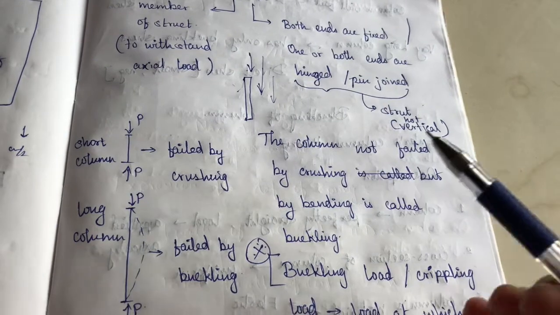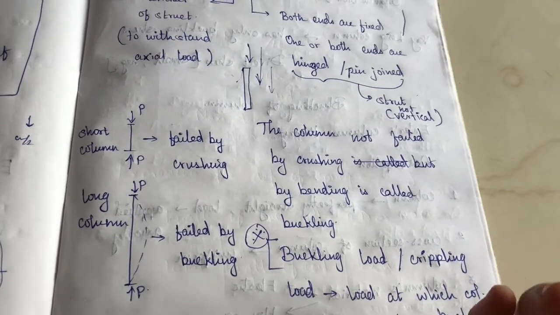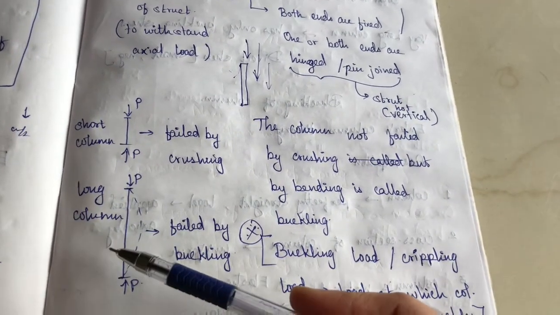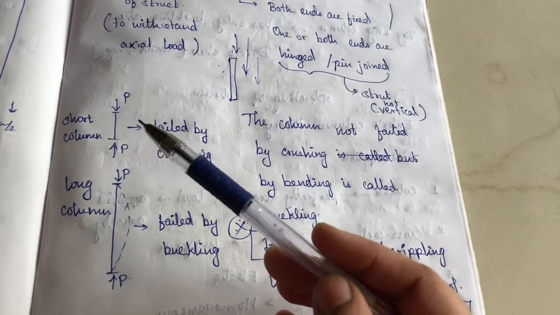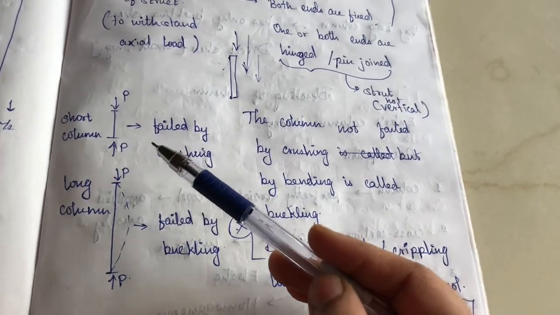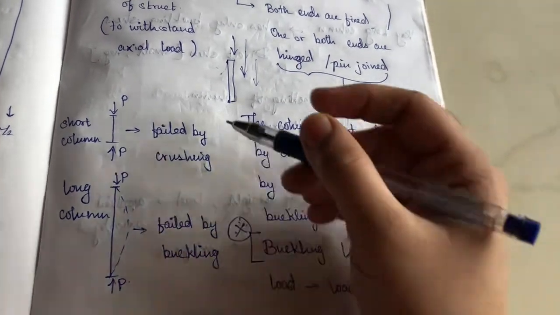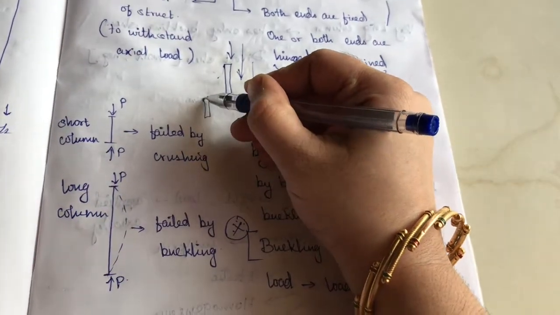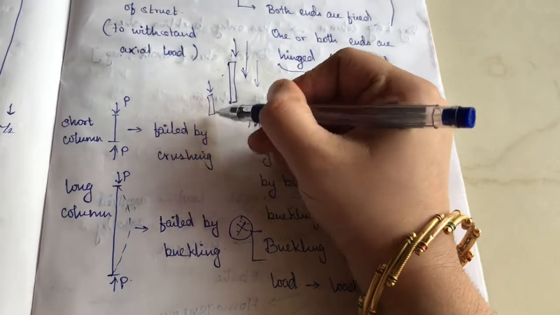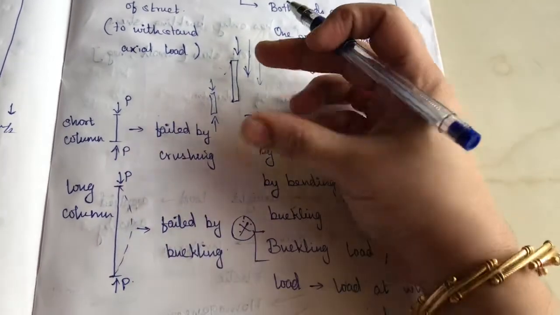And here there are two types of columns, short column and long column, as we know. A short column will fail only by crushing. If you apply forces like this, it will get crushed.